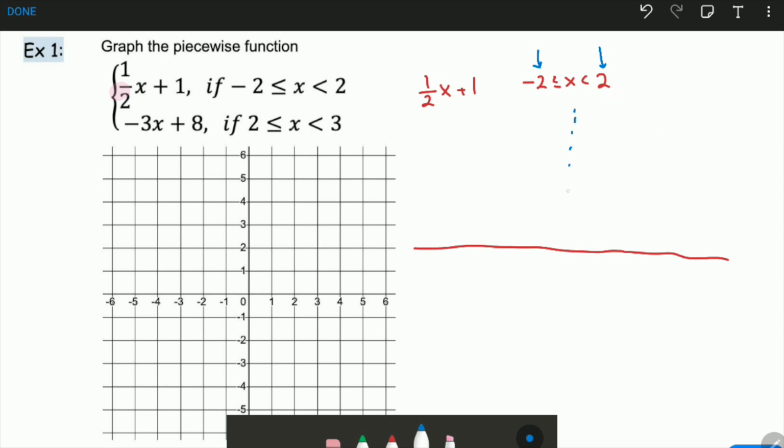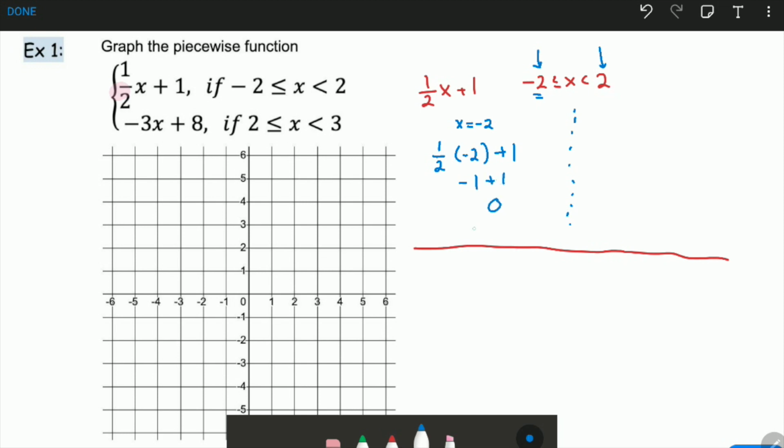So we're going to use both of the endpoints for the intervals to actually graph this. To do that, we just simply plug our x values in. The first x value is -2. We're going to plug that into the first piece. So 1/2 times -2 plus 1. 1/2 times -2 is -1, plus 1 is 0.